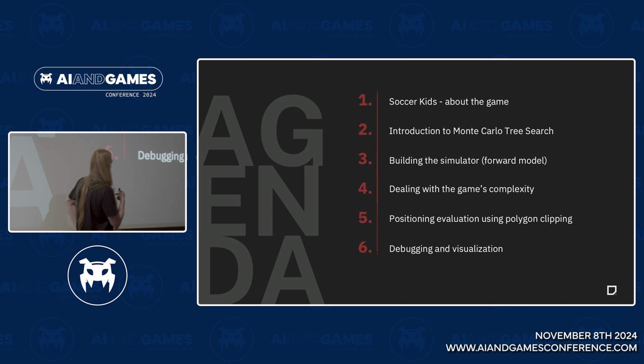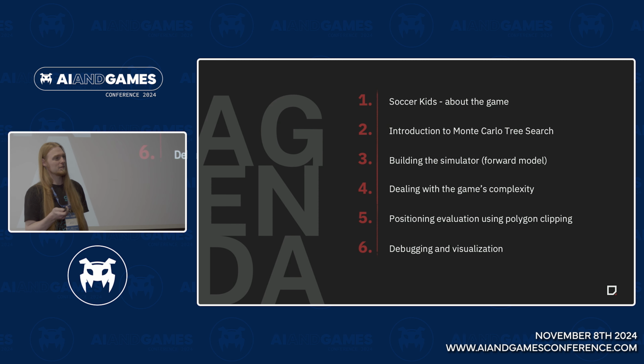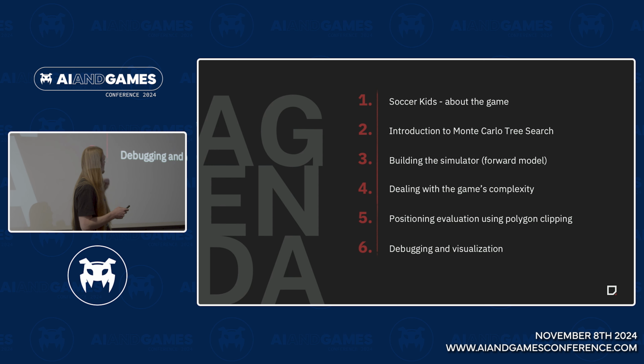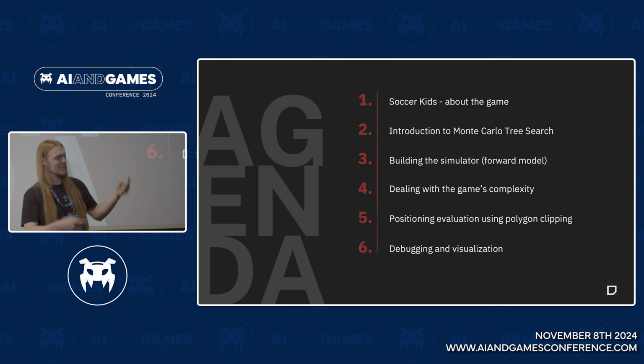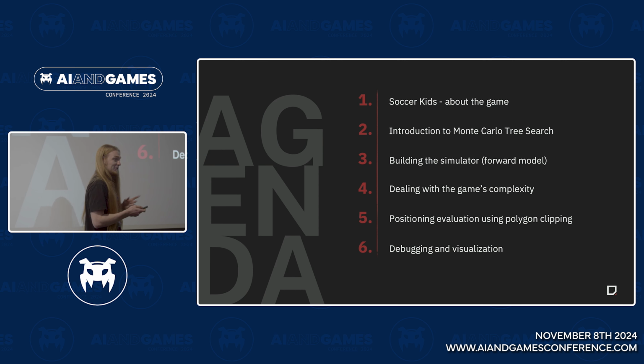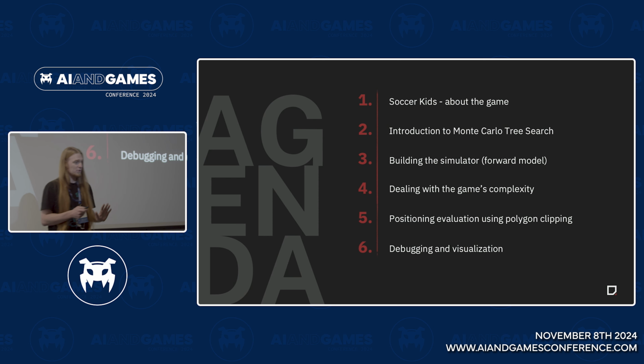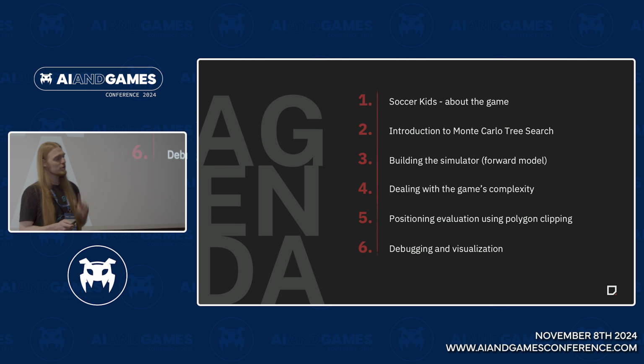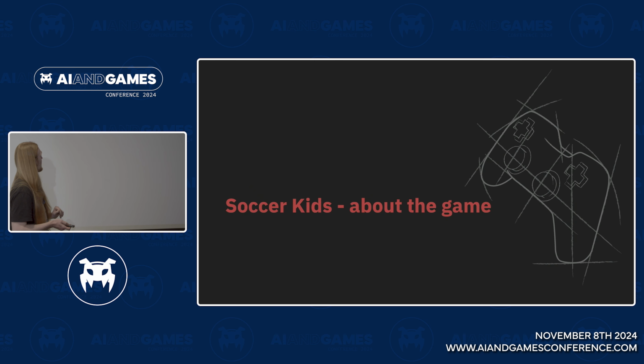There will be a little part regarding positioning evaluation and spatial reasoning, and one particular solution that we used, namely polygon clipping used in MCTS evaluation functions, which is not a typical thing that you'd like to do, but it turned out to work pretty great. I wanted also to talk about debugging and visualization of this solution, but we probably won't have enough time, so I'll skip the last part just to fit into my time slot.